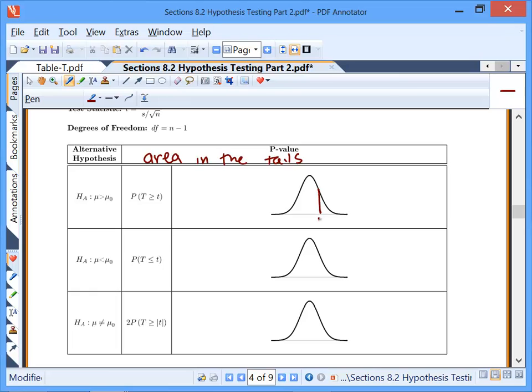Right tail. Okay. If it's a mu is less than, I'm interested in the left tail. And if it's a mu not equal to, I'm interested in both tails.